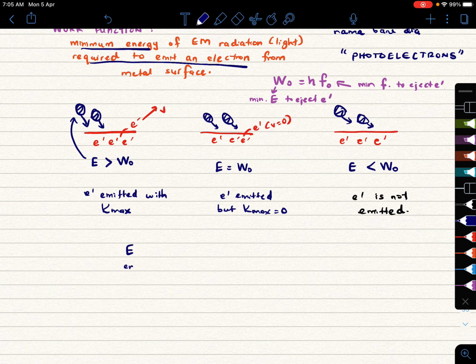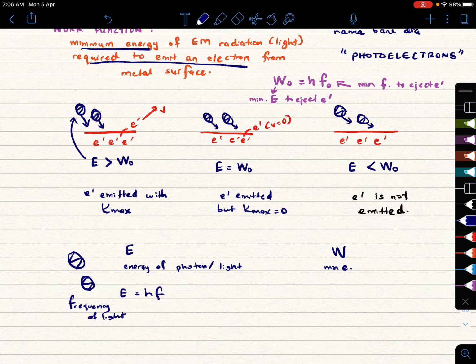So conclusion dia adalah this one is E. E ni adalah energy of photon ataupun your light lah, iaitu formula dia lah E is equals to HF lah kan. So kita ada frequency of the light, frequency of light. And then we have the work function, iaitu minimum energy needed to eject electron.